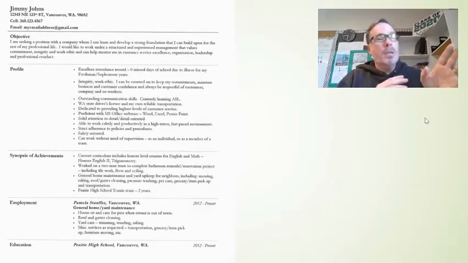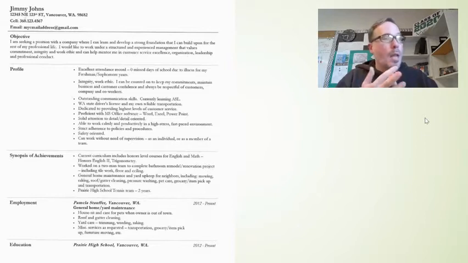It would be okay to substitute that with Google Suite if you're comfortable with Google Docs, Google Sheets, Google Slides. Solid attention to detail and detail-oriented. Able to work calmly and productively in a high-stress, fast-paced work environment. Strict adherence to policies and procedures. Safety-oriented and can work without need of supervision as an individual or as a member of a team.